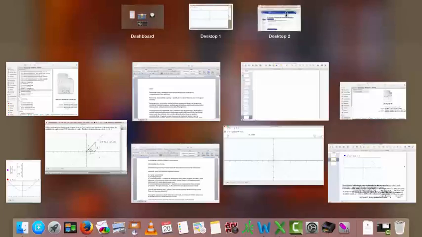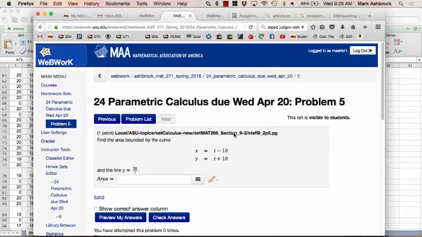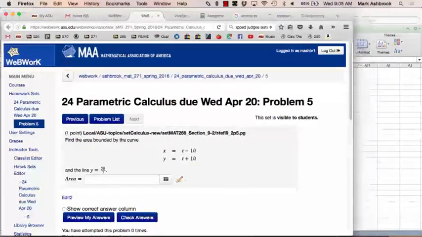Okay, let's go ahead and do the last one, since that had the lowest success.